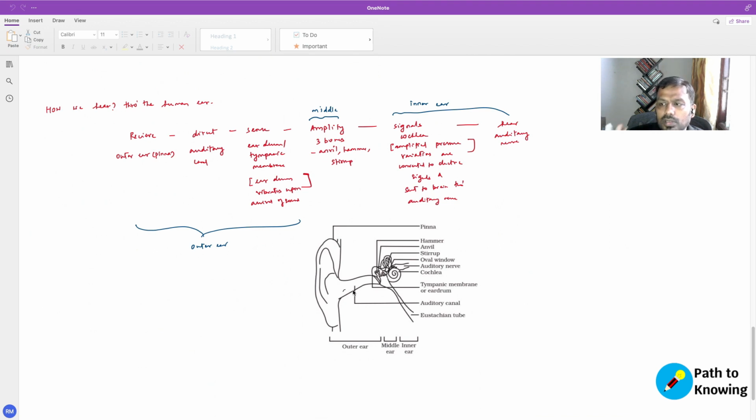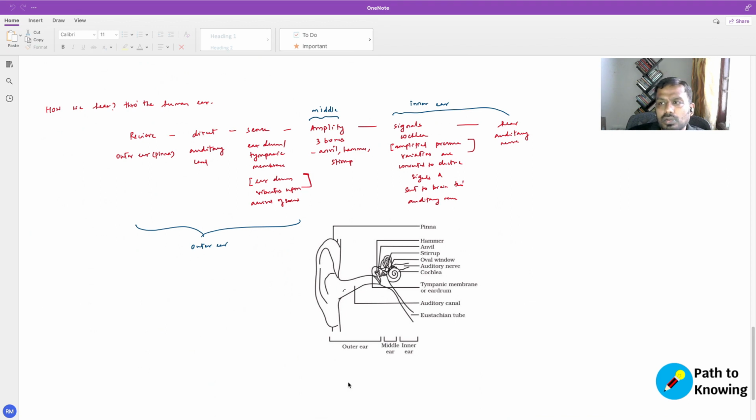Typically the human ear has three parts. The external part that is visible outside is the outer ear, and then there are parts which make up the middle ear, and parts that make up the inner ear. It is through these three parts that sound is perceived by the human ear.